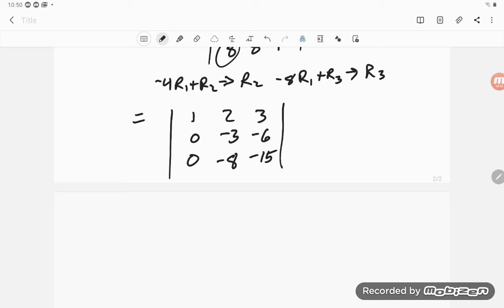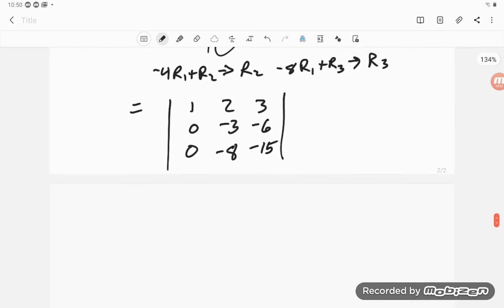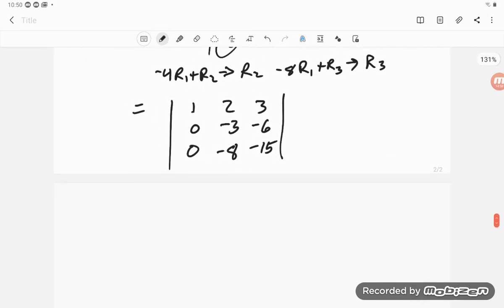But just to show at this point, then we can take the -3 out of there.